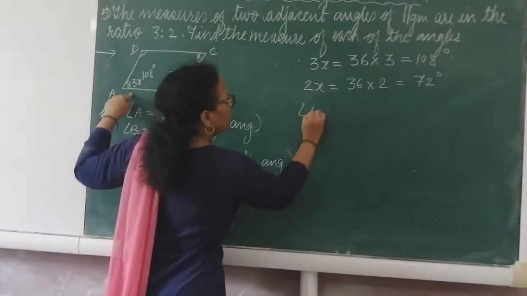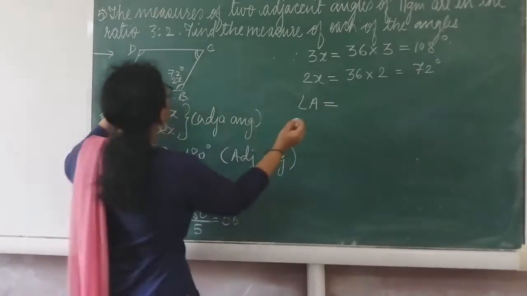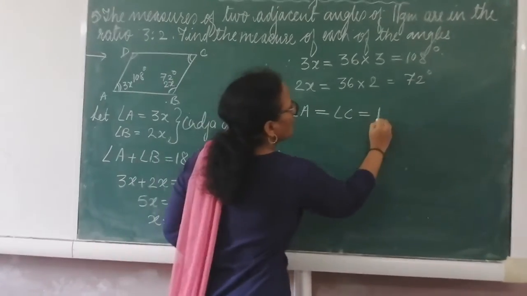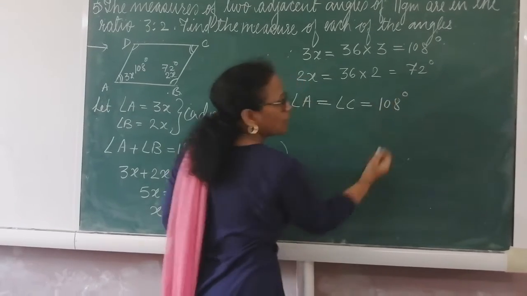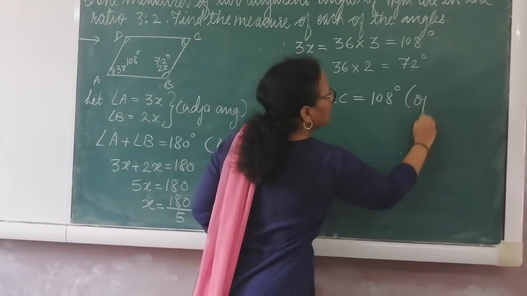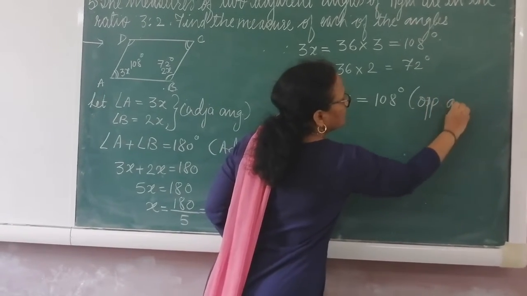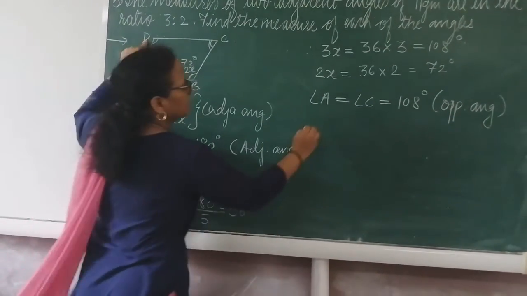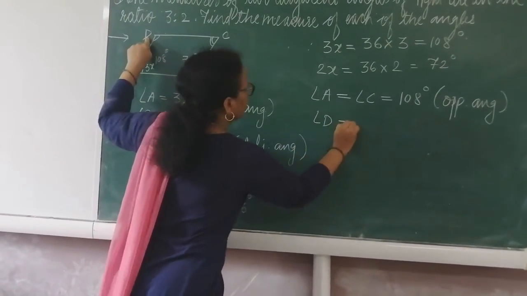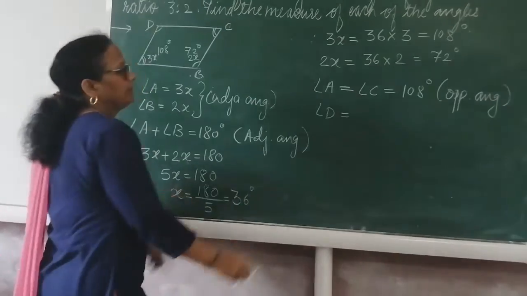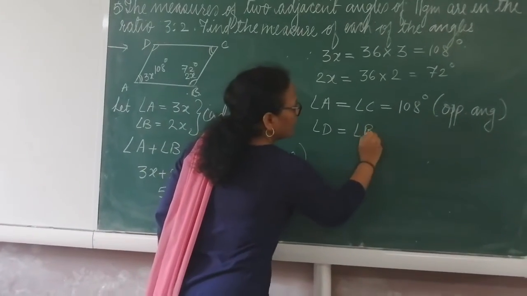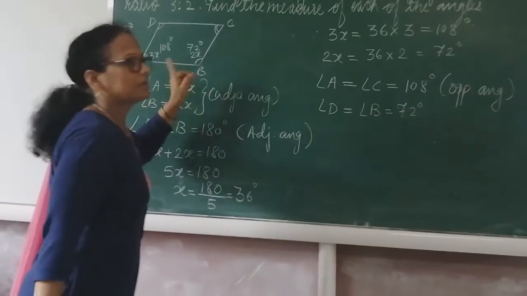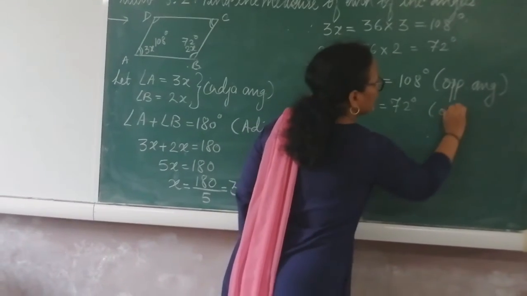Now write down angle A is equal to angle C is equal to 108, because they are opposite angles of the parallelogram. Okay, and then angle D is equal to angle B is equal to 72 degrees, and for this also they are opposite angles of the parallelogram.